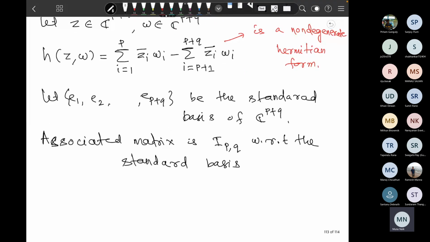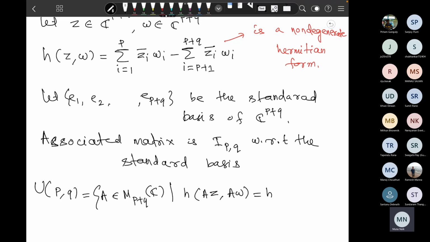Now this U(P, Q) consists of A belonging to M(P+Q, C) so that H(AZ, AW) equals H(Z, W) for all Z, W belonging to C^(P+Q).